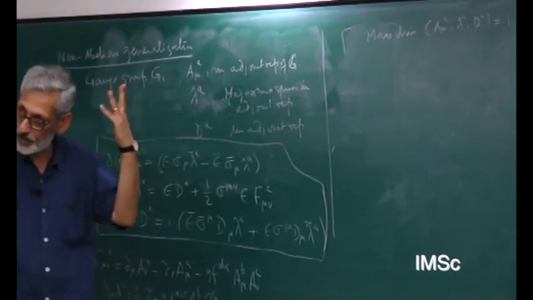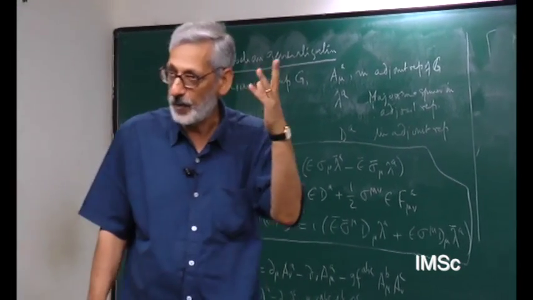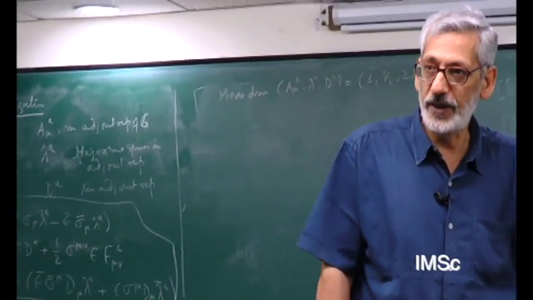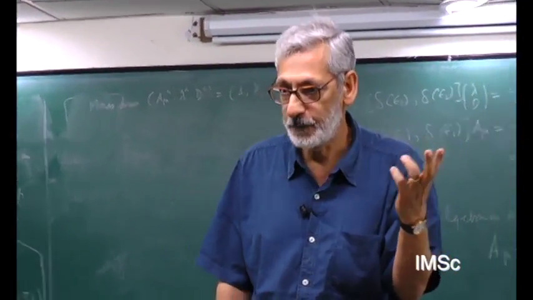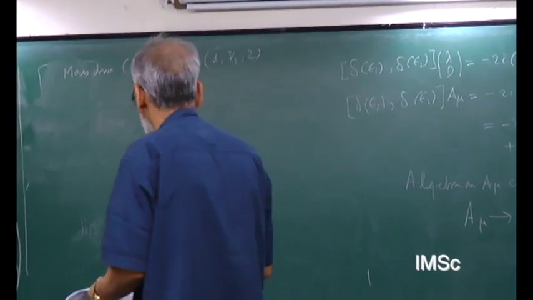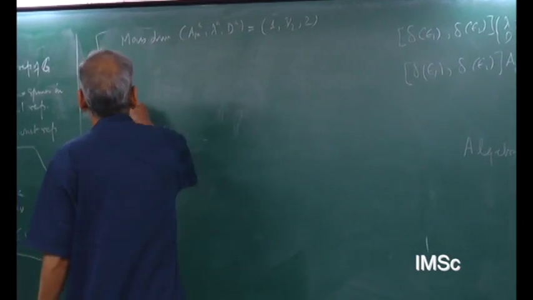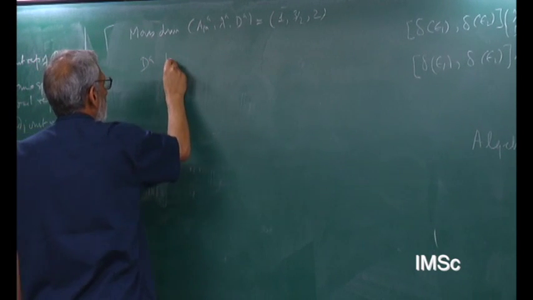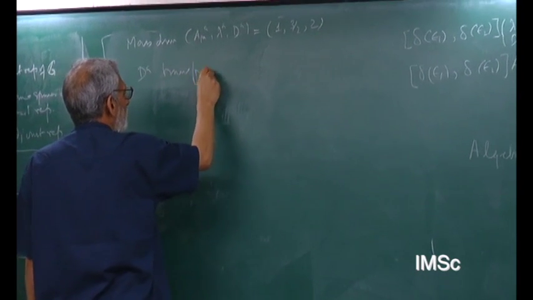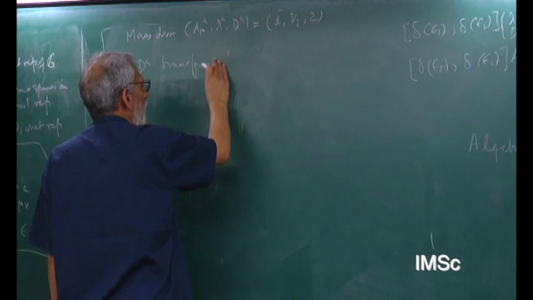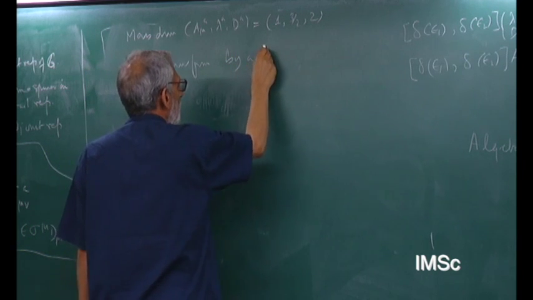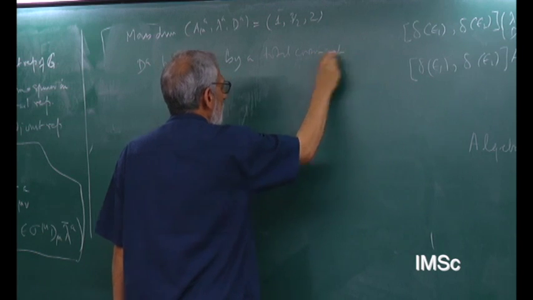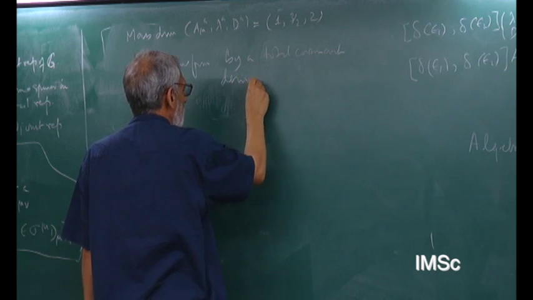So we said that was also the property of F's in the chiral multiplet. F's transformed as total derivatives. Here D's transform as total derivatives. So D A transforms by a total covariant derivative.